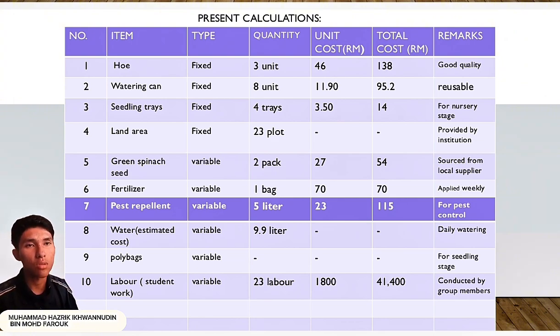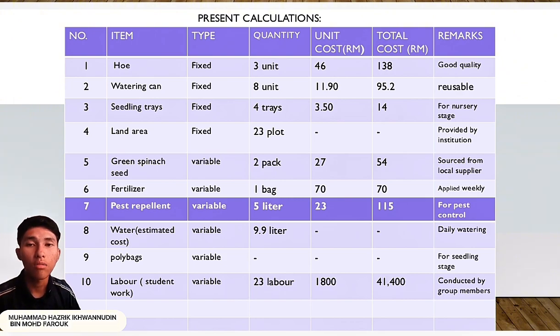We total the costs: 100 ringgit 95 and 20 cents, 40 ringgit, 54 ringgit, 70 ringgit, 150 ringgit, and 41,400 ringgit. And we add it, and we got 41,639 ringgit. And the total fixed input cost is 247 ringgit and 20 cents.